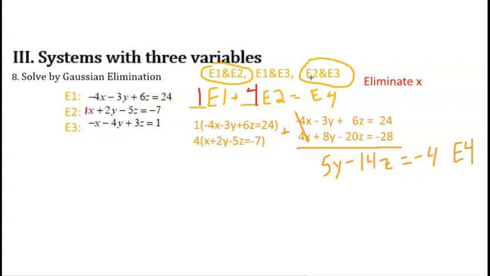Now we'll use E2 and E3 to also eliminate x. So we'll have blank E2 plus blank E3 will equal E5.